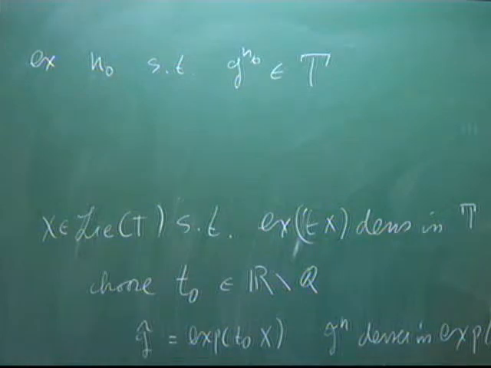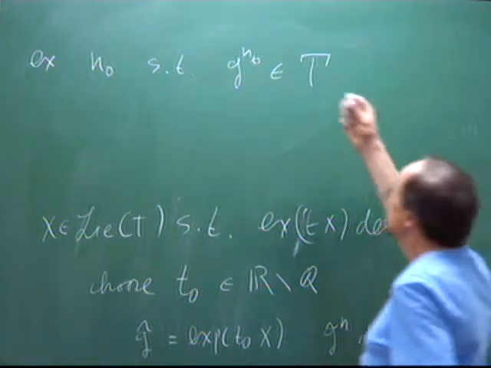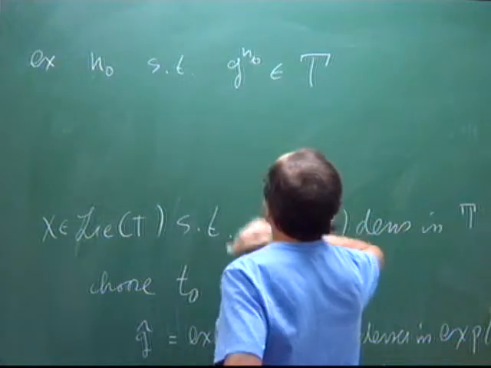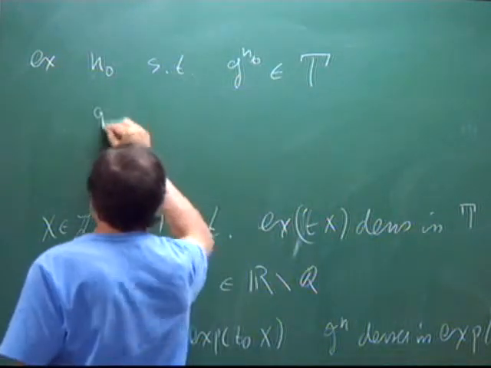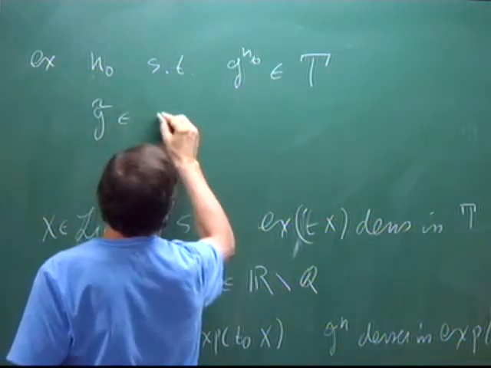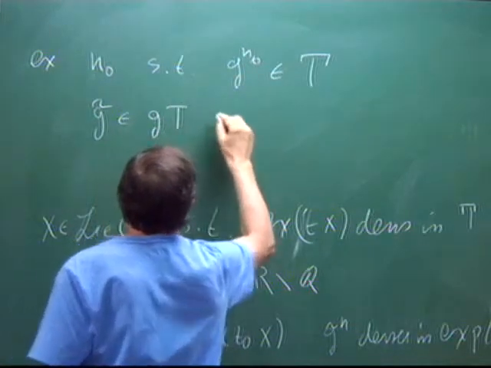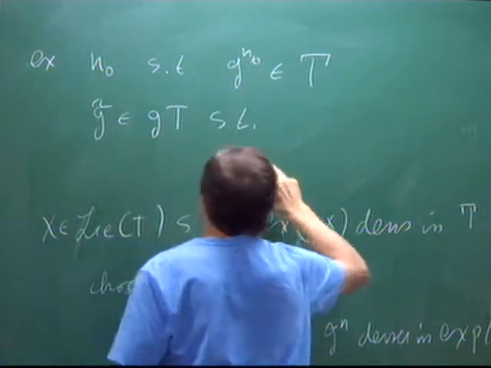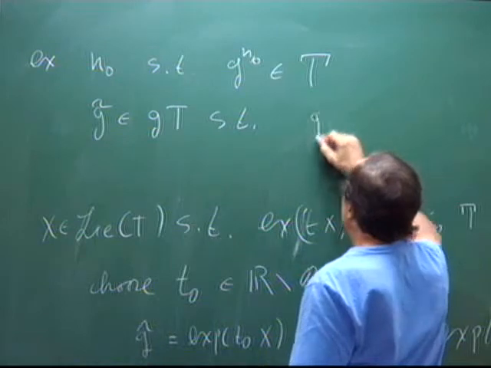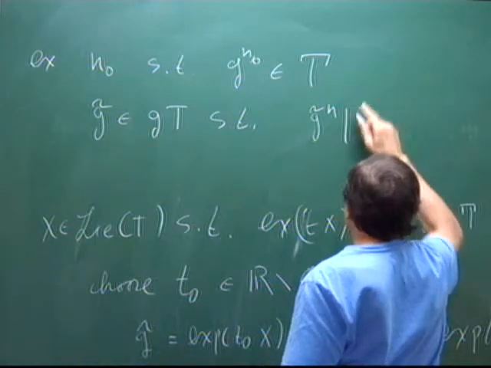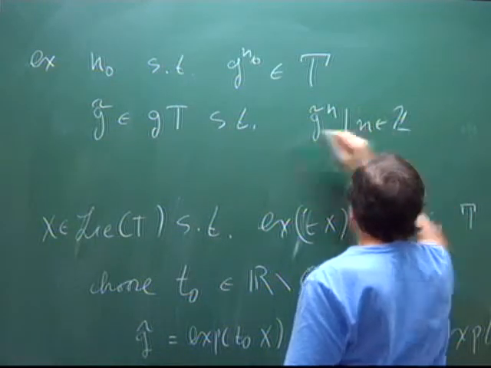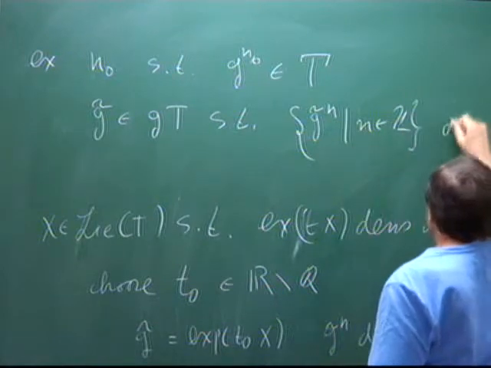And I want to choose a g tilde in g times T such that g tilde to the n is dense in A bar.